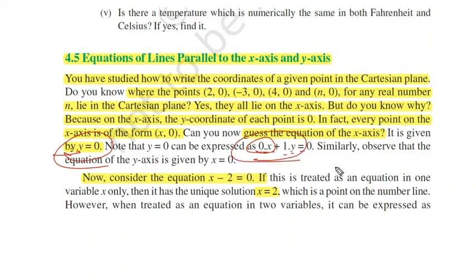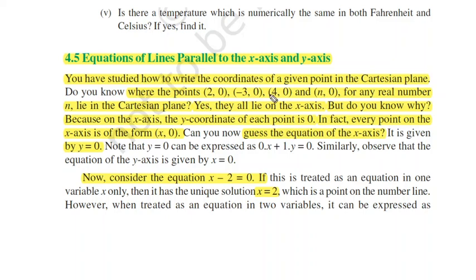Similarly for the y-axis, as x equal to 0, you can write it as 0 into y plus 1 into x equal to 0. This will be the equation for the y-axis.